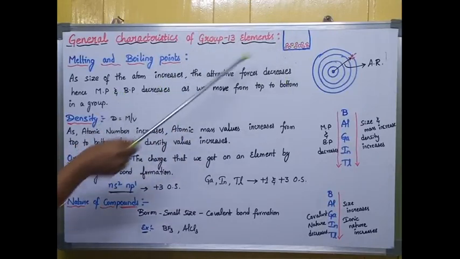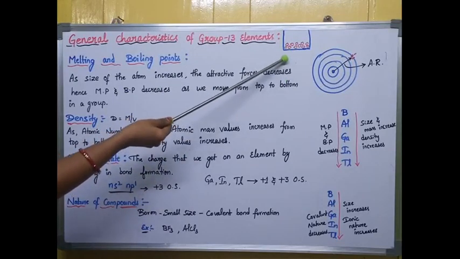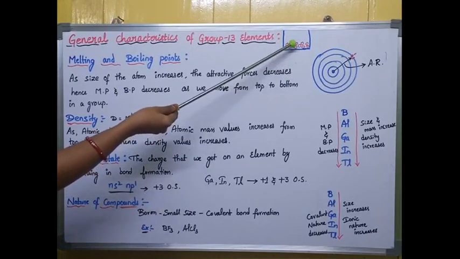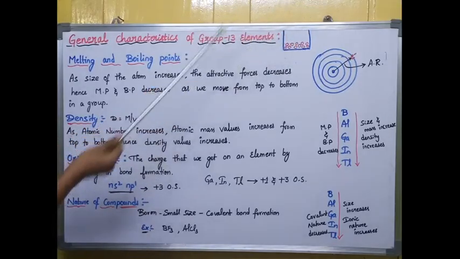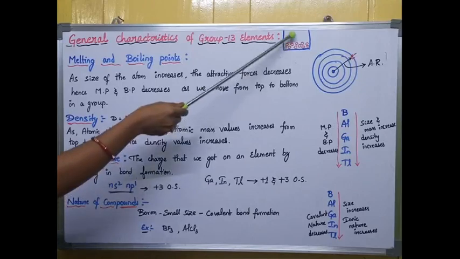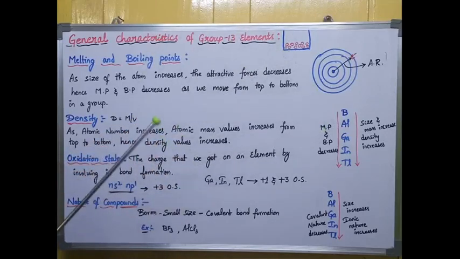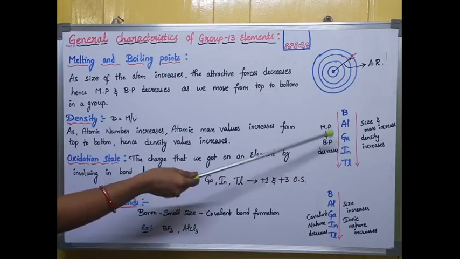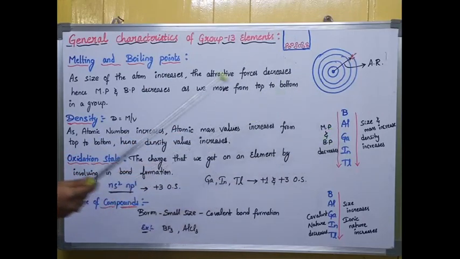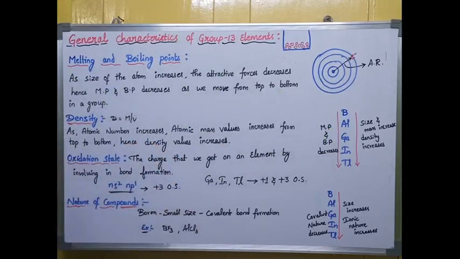Hence it reaches the boiling point very easily. Whenever you start heating it, it immediately converts into vapor because the attractive forces are very weak, so the boiling point becomes less. So as size increases, attractive forces become less, and boiling and melting points decrease.